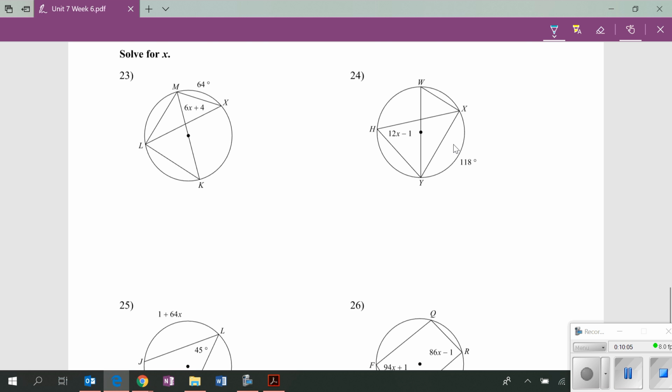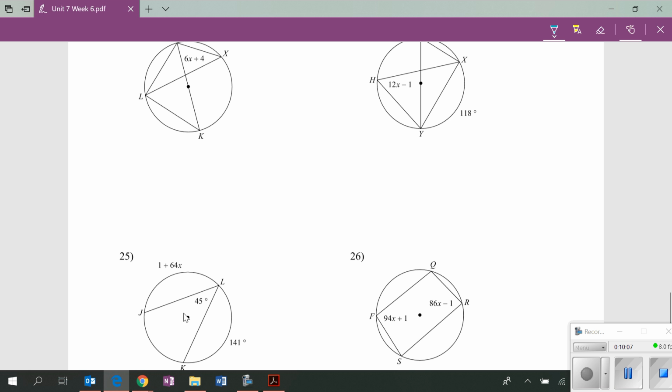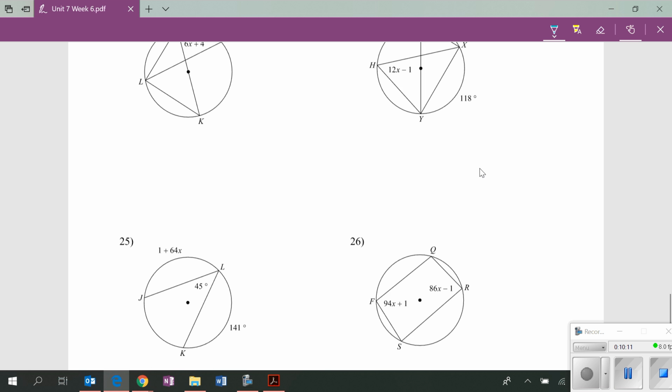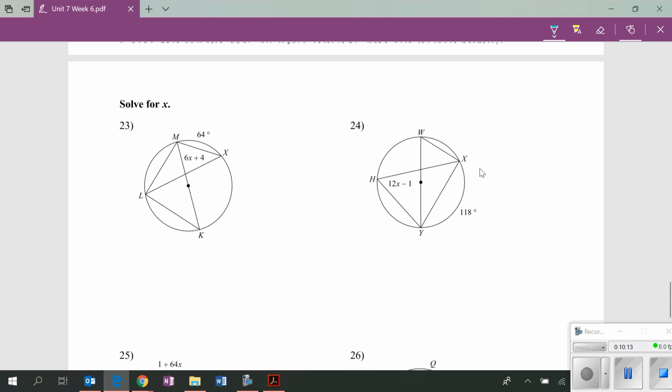Same thing here. You're going to be using your algebra, you're going to be using your inscribed angle theorem. However, you're solving for x, not the entire angle. And I do want to point out what those angles are, just so that you know. So the 6x plus 4 is this angle here, okay?